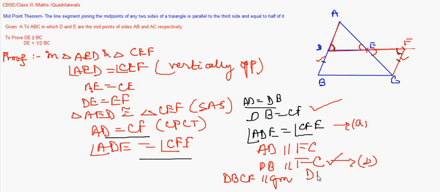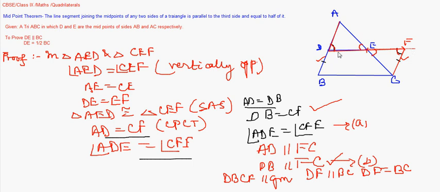Once this is a parallelogram, that means opposite sides are parallel. So DF is parallel to BC, and DF is also equal to BC. Now D, E, F are all collinear points.